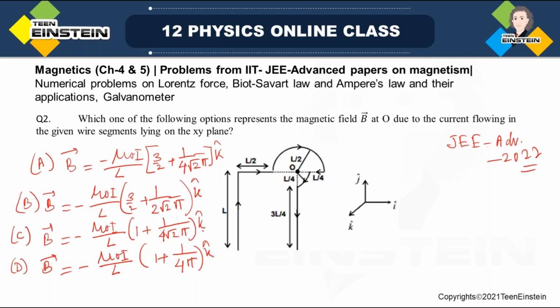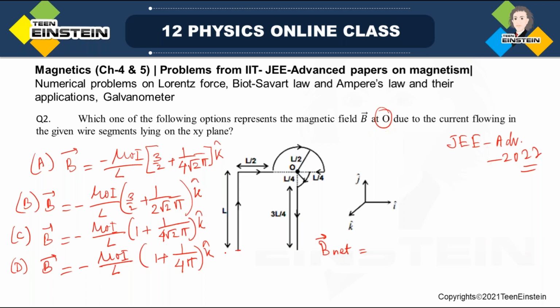Okay, so look here, there are actually several segments in the wire. You have to find out the net magnetic field at O. This is the point where we have to find the net magnetic field, and this is in vector notation.